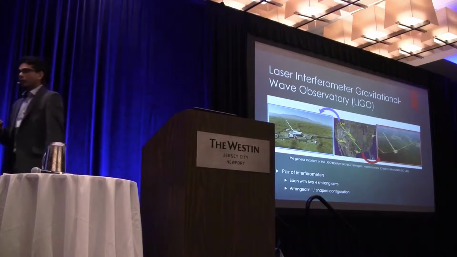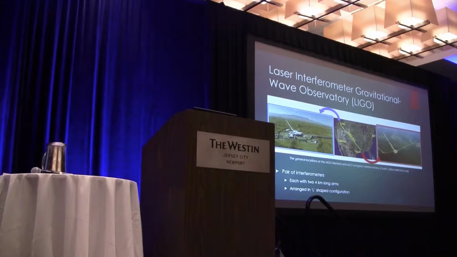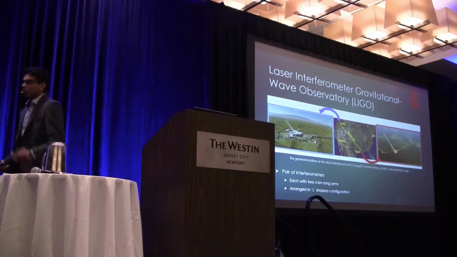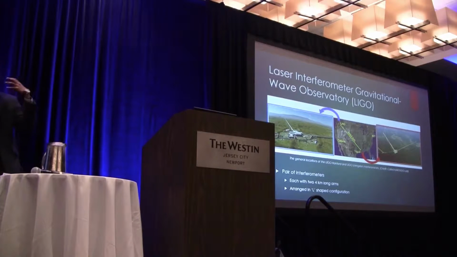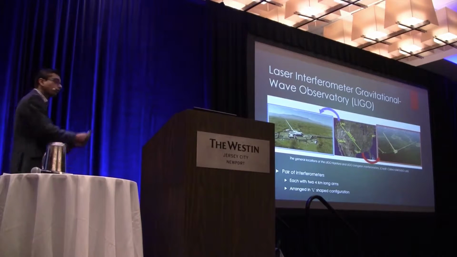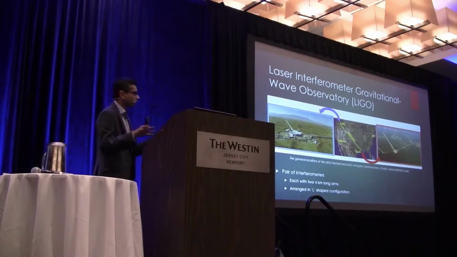Now, the important thing to notice here is that LIGO is unlike any astronomical observatory that has ever been built by us over the last 2 centuries. The reason is that we have actually observed astrophysics through observing the electromagnetic radiation, through looking at the stuff which is out there.